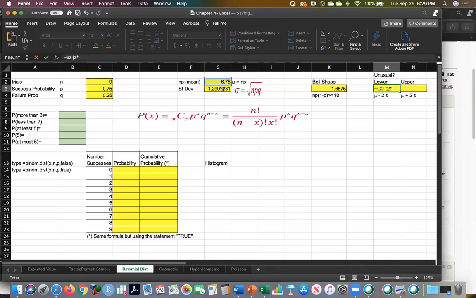Then I do the same, but with the positive sign. So mean minus two standard deviations. Sorry, the second should be plus. Let me fix it.